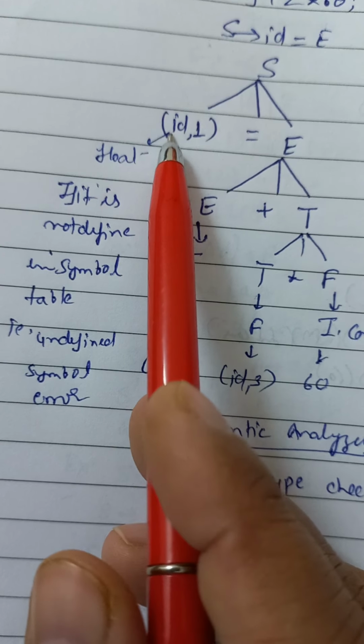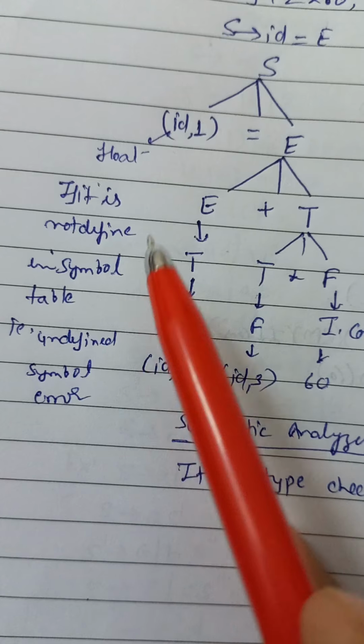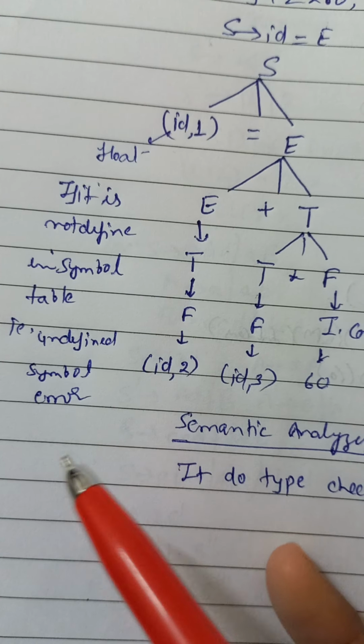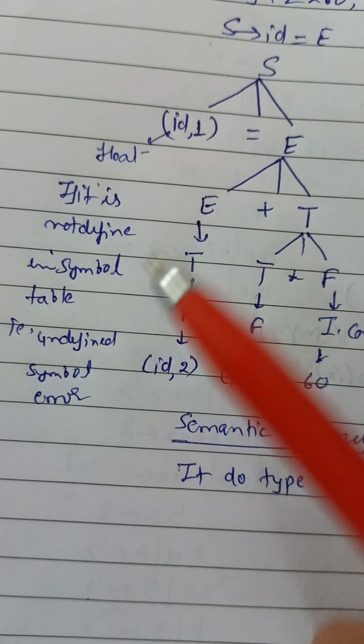So the type of the identifier is defined in the symbol table, and if it's not defined, then it is an undefined symbol, or it is called an error. So this is the function of the semantic analyzer: to check the type of the identifier.